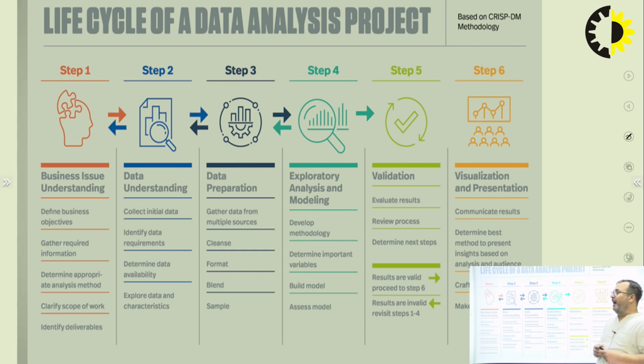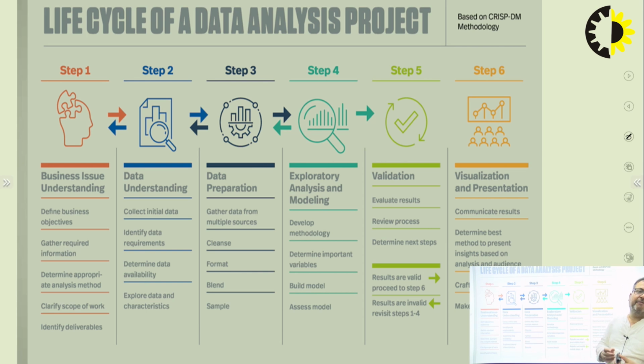After exploratory analysis and modeling, we validate that. So, the next step is validation. In validation, we evaluate results, we review the process, and we determine the next step. If the results are valid, then we move to step 6, that is visualization and presentation.